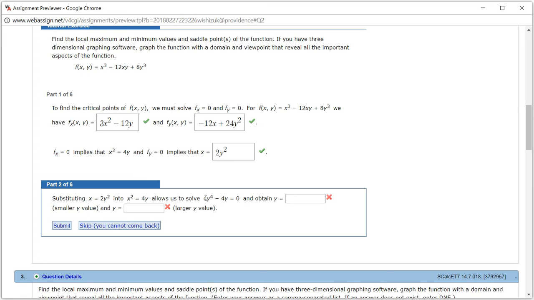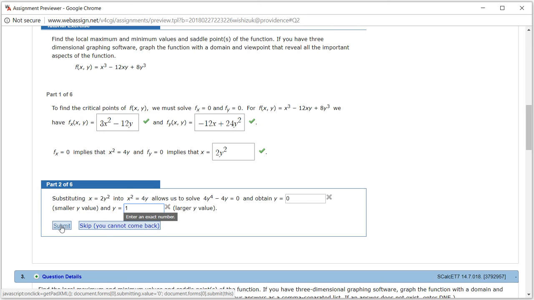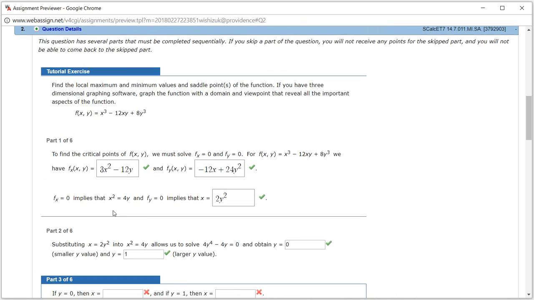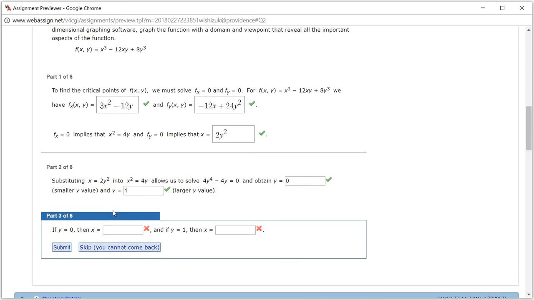You get 4y times y cubed minus 1. So y equals 0, and also y equals 1, because you have y cubed minus 1. Let's check the answer. It came back and looks like we got part 2 correctly as well.